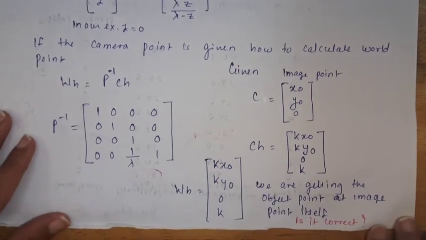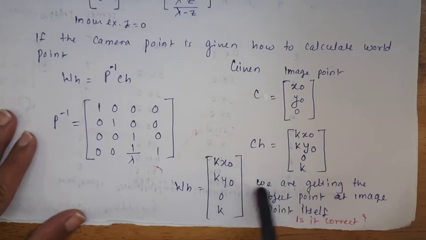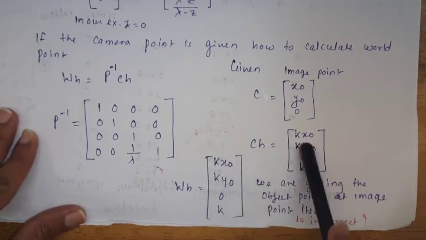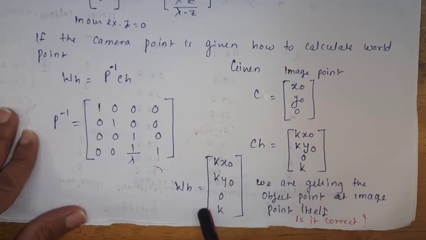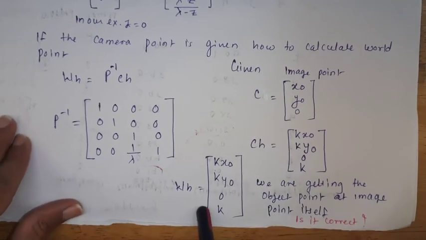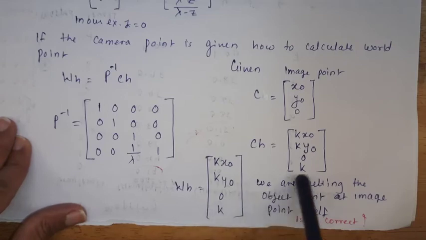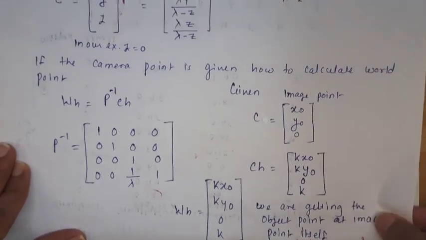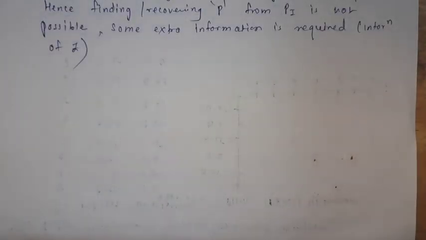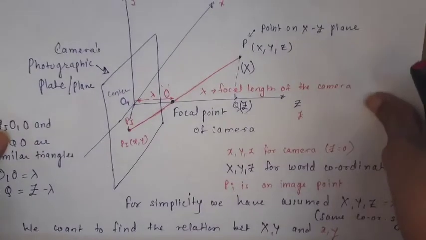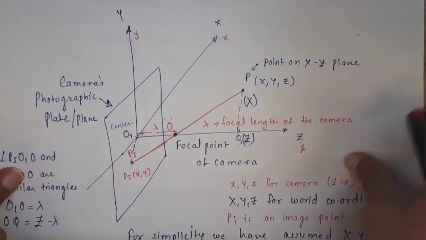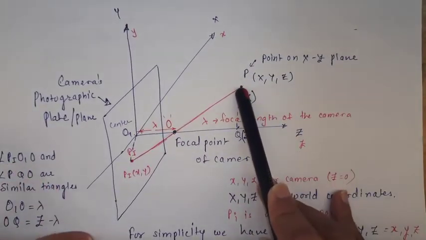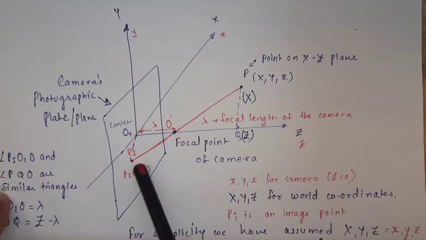When you substitute this in WH, you will get kx0, ky0, 0 and k. So now you can see that we are getting the same values for camera homogeneous and world homogeneous coordinates. What is the meaning of this? The meaning is we are getting the object point at the image plane itself. Is it correct to get the object point and image point the same? Why is this happening? In this diagram, for this particular point we got this image.